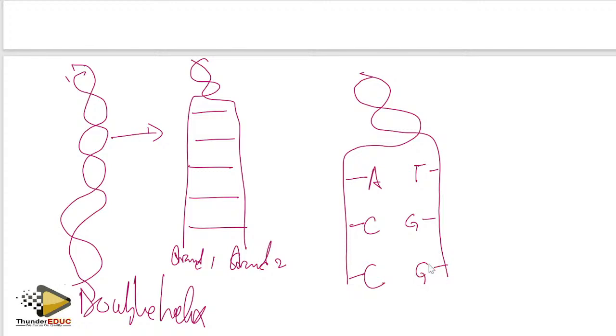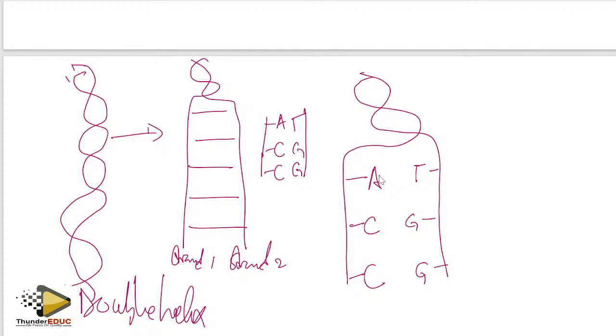Now I want to see that the two new DNA which are formed are identical to each other, and they are identical to the original DNA. So basically, the first DNA had A, T, C, G, and then G, C, G.